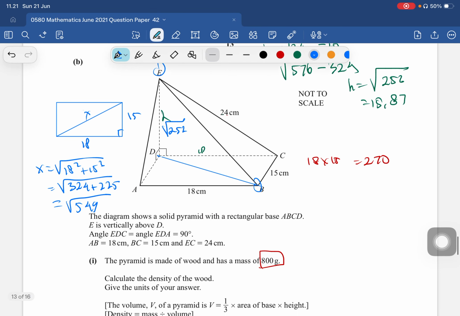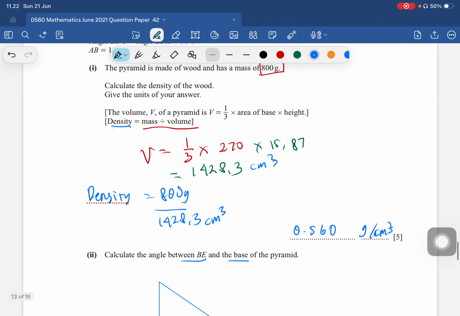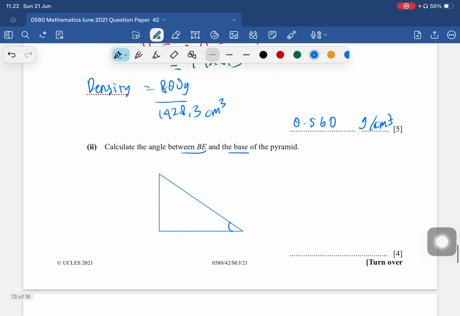Okay, so we got that triangle. Let me draw it here. The base is 23.43. The height is 15.87.